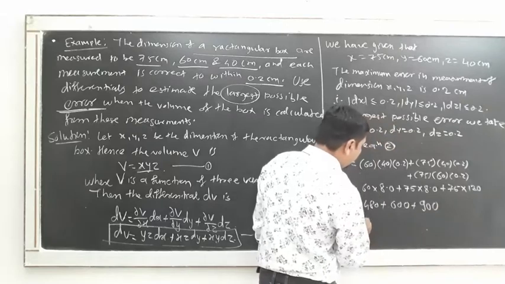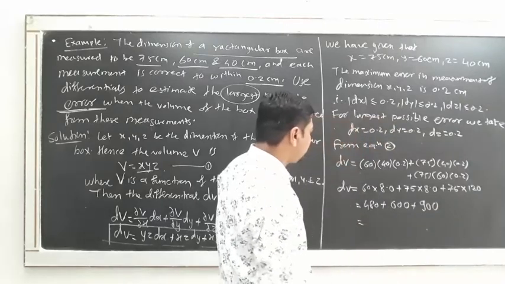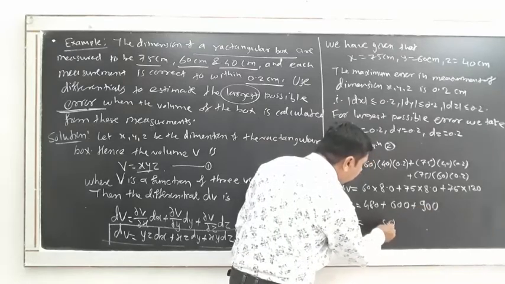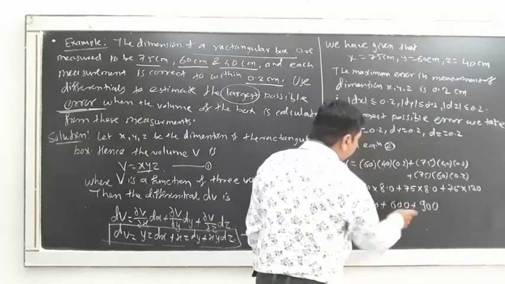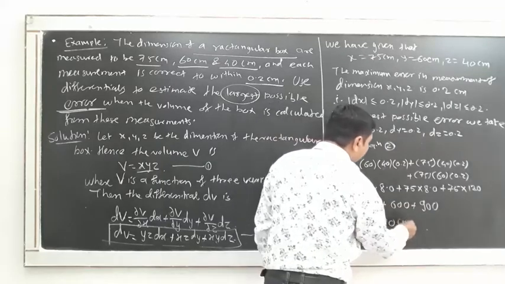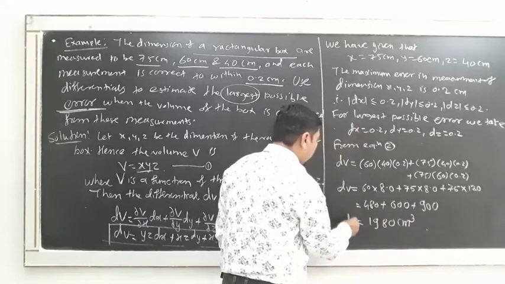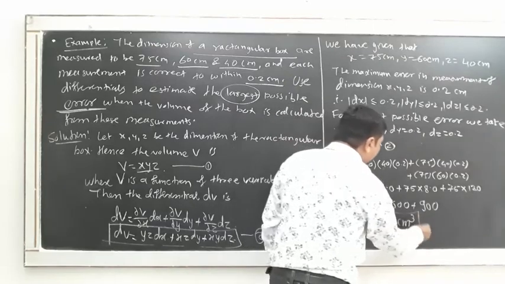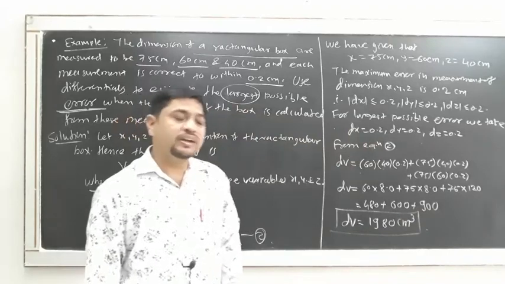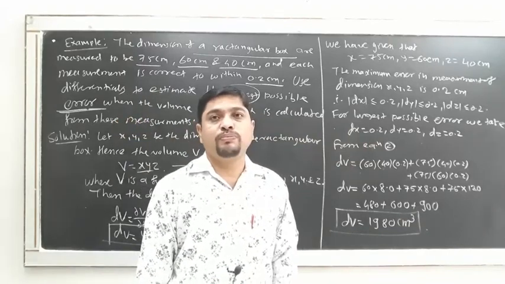So what we can write here? This gives 1980 centimeter cube. So the maximum possible error is 1980 centimeter cube.